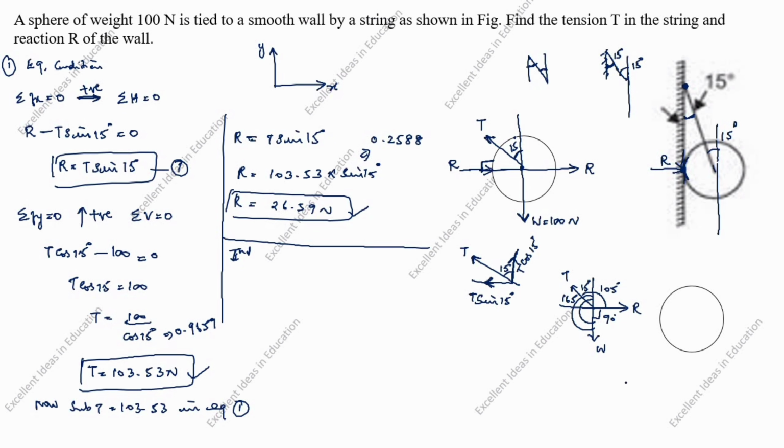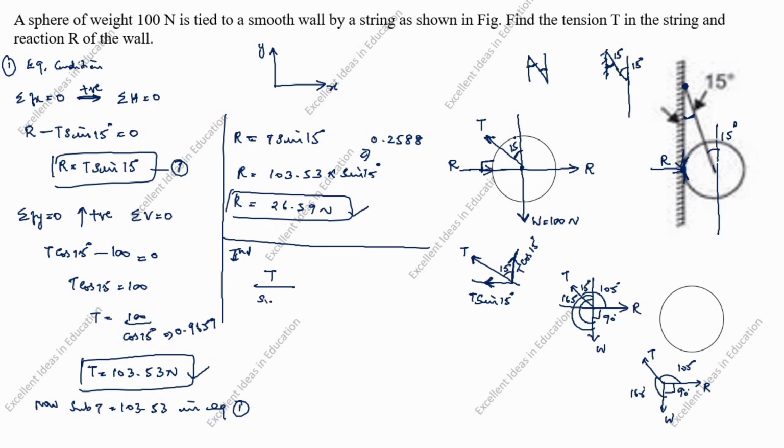I will draw the drawing again here. This is R. This is T. This is W. So this angle is 105 degree. This angle is 165 degree. This is 90 degree. T by opposite only we will take.